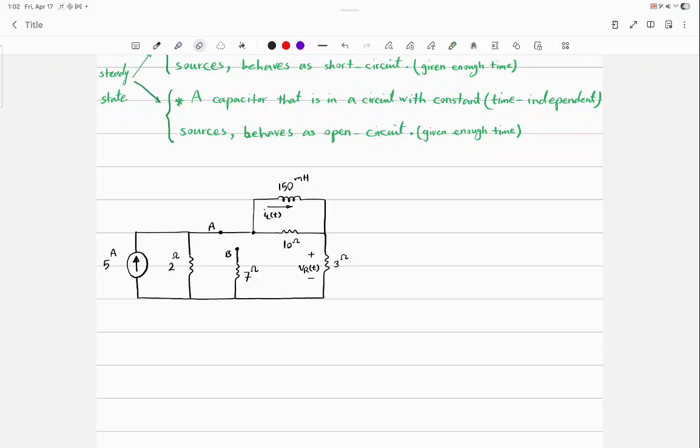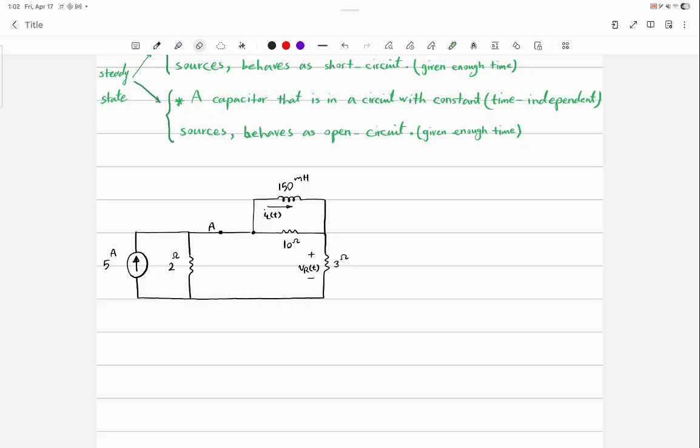The 7 ohm resistor. What else should I do to this circuit? Okay, think of it this way.